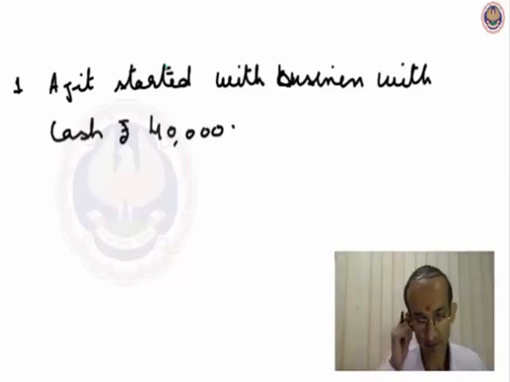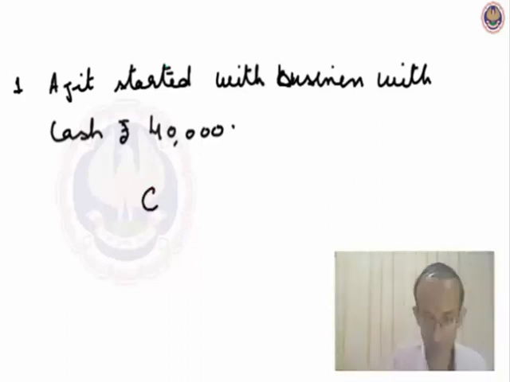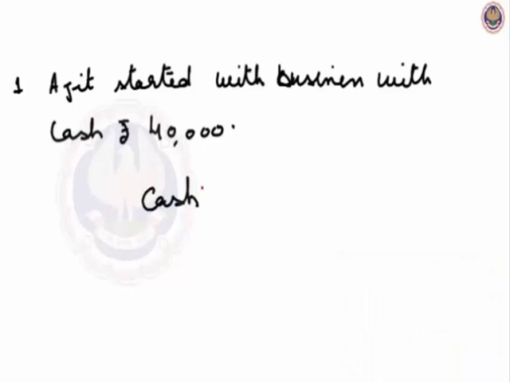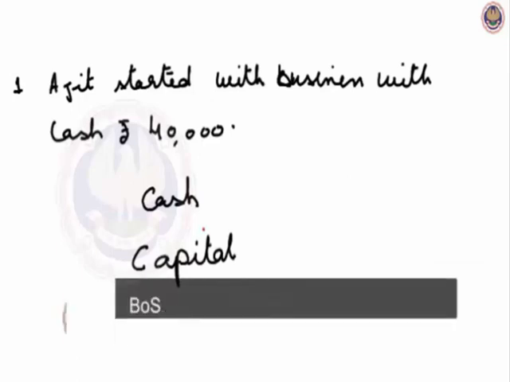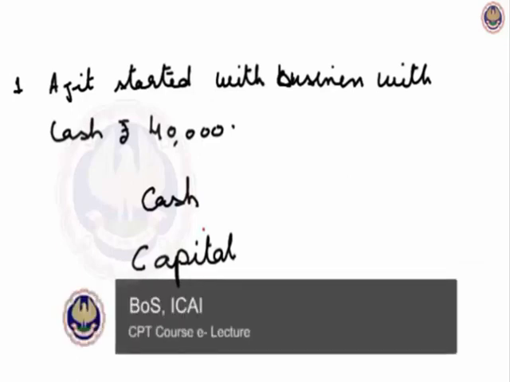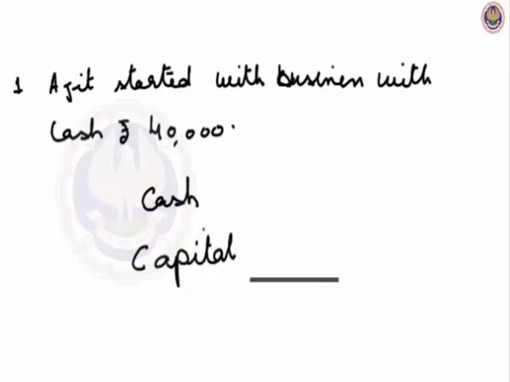So let us see the rules of the modern approach. There are 2 things: first is cash and second is capital, because Ajit is the owner and the owner invests a certain amount in the business, that is nothing but the capital. So when rupees 40,000 is invested, cash is increased in the business.